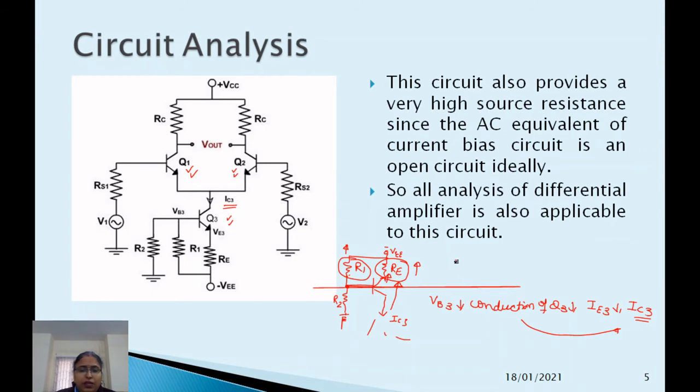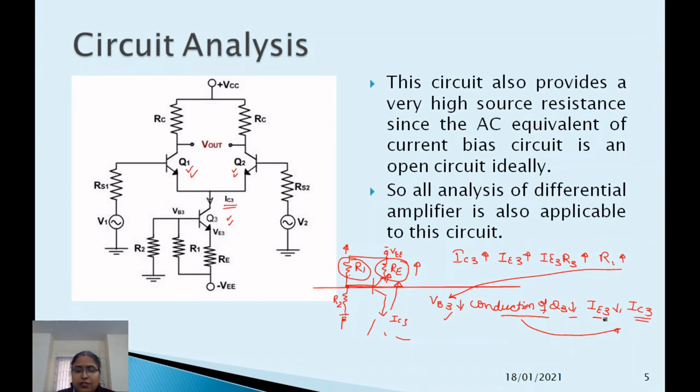Right? I am again telling, with the increase in IC3, IE3 increases. As a result, the voltage drop across IE3 into RE will increase. The voltage drop across R1 will increase. As a result, VB3 will decrease. So the conduction of Q3 will decrease.